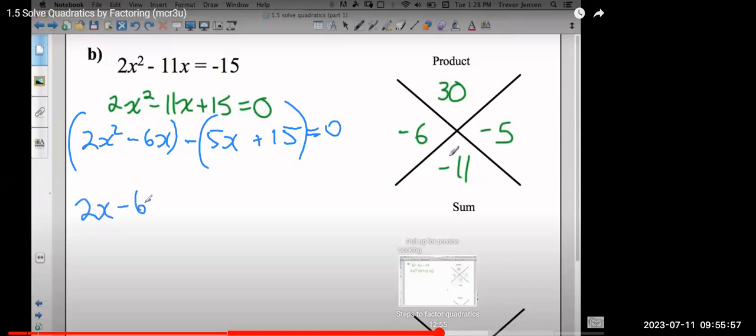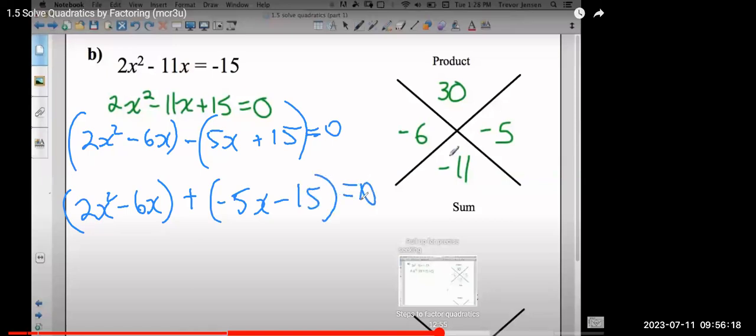2x squared minus 6x, and I bring that negative inside, so this is going to be a plus. And inside here would be -5x -15 equals 0. Okay, so I'm going to factor out my 2.